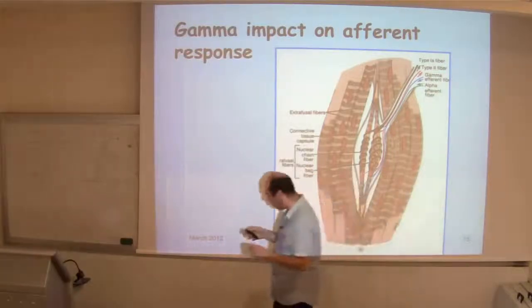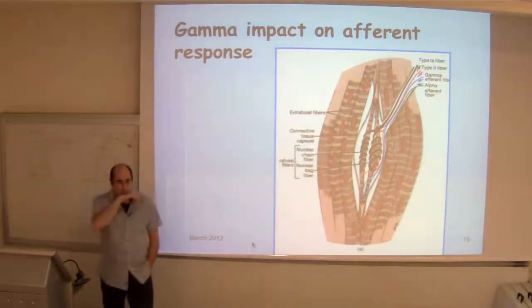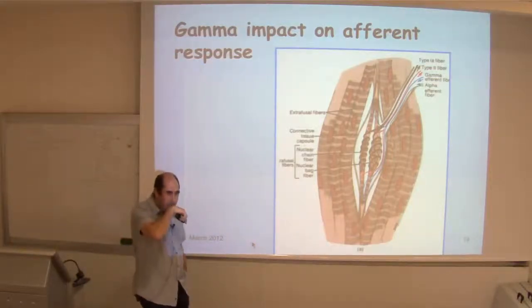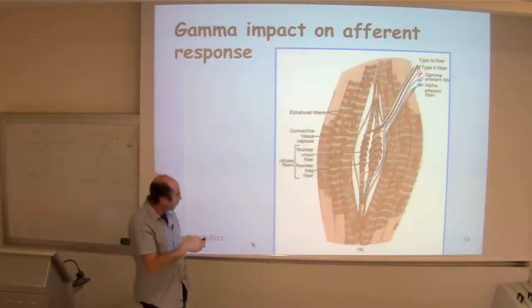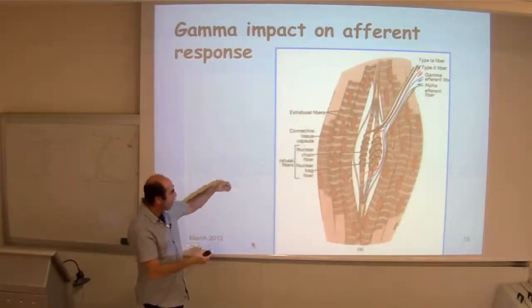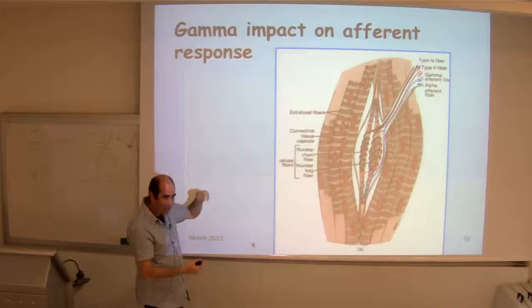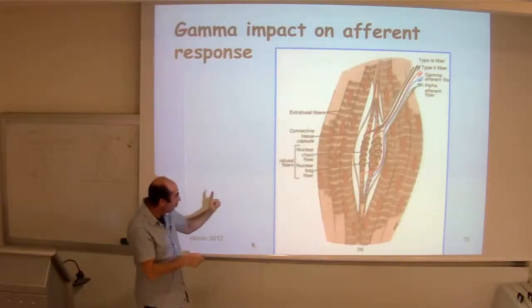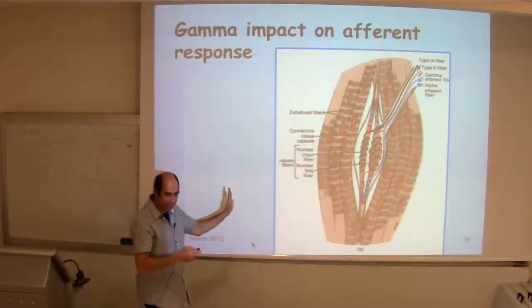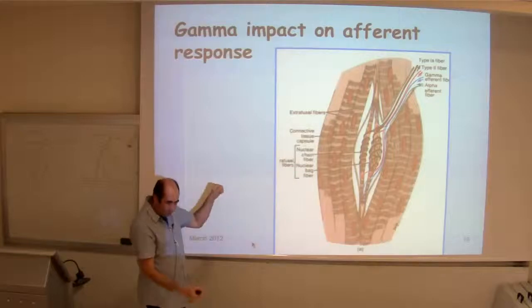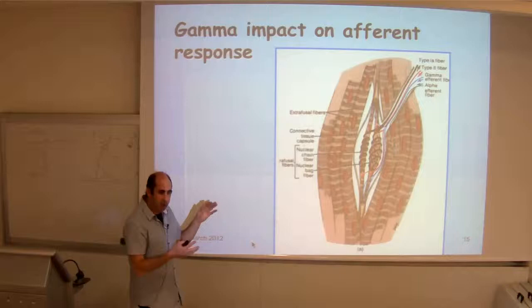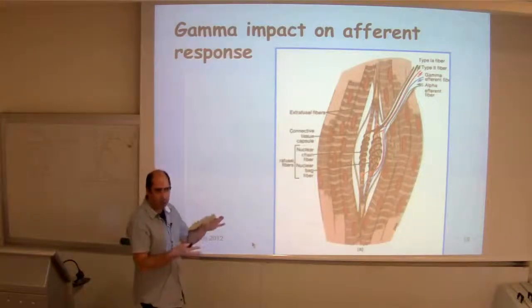When is that important? Activating the muscle is supposed to make it contract or not? What I mean is, let's forget about the gamma for a second. If you stretch the muscle, you get activation of the spindle. Now, assume that you don't stretch the muscle and you're not contracting it.